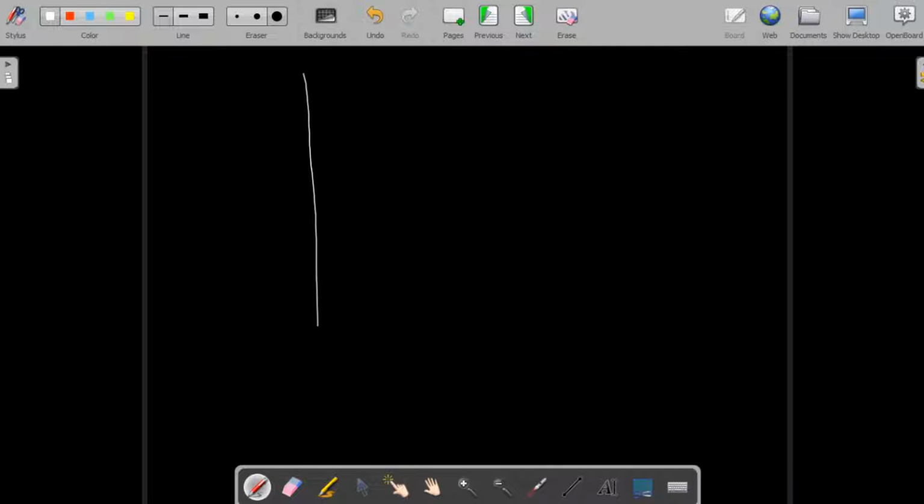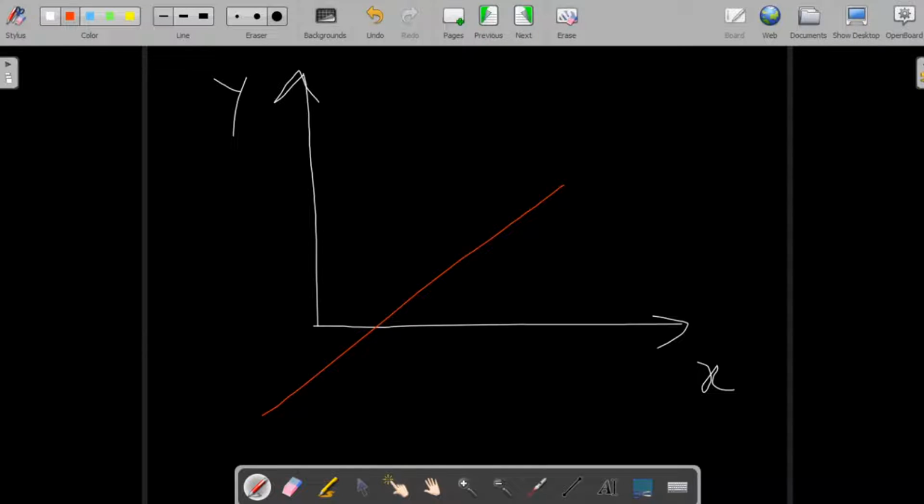I have the x-axis, I have the y-axis. I draw a vector something like this. This is my vector A. I extend the y-axis to the negative side, and the x-axis to the negative side. This is the origin O.